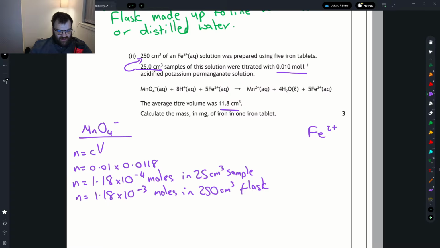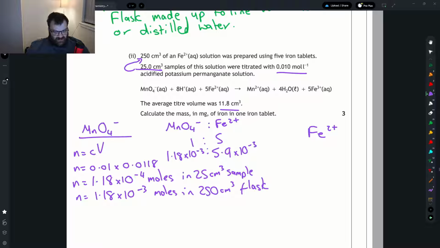Next, we need to look at the ratio. So from MnO4 minus to Fe2 plus, that is a 1 to 5 ratio, which makes 1.18 times 10 to the minus 3 into 5.9 times 10 to the minus 3 moles of that. We're asked to work out the mass.